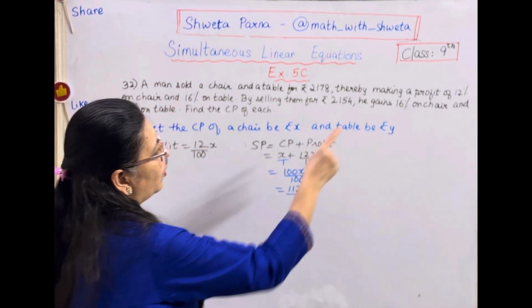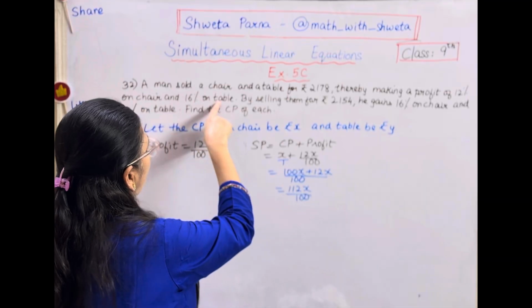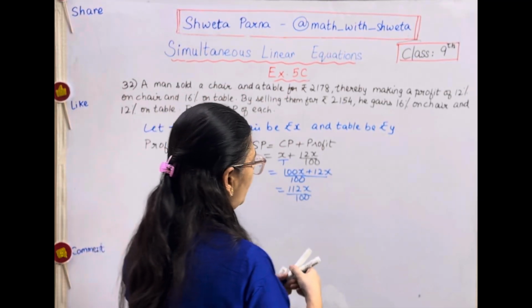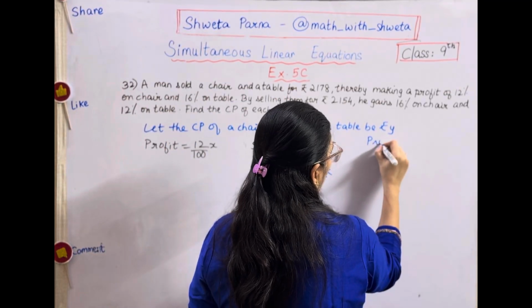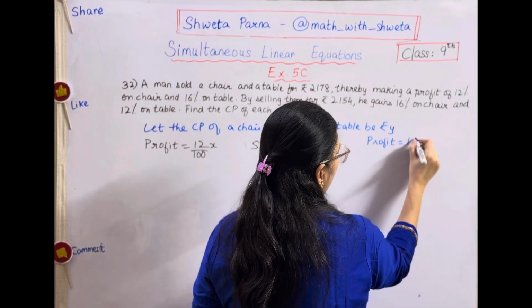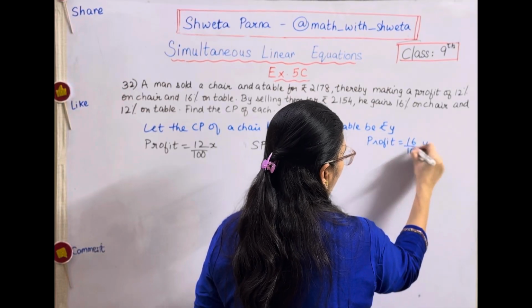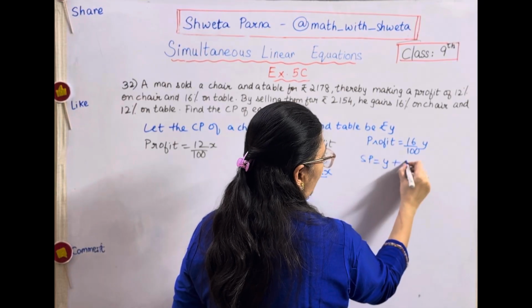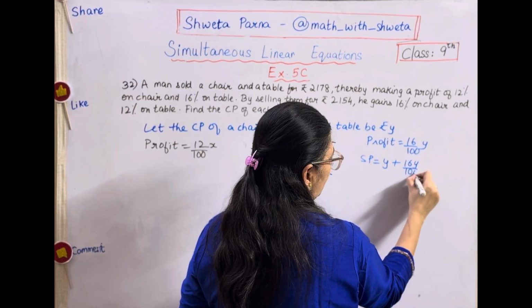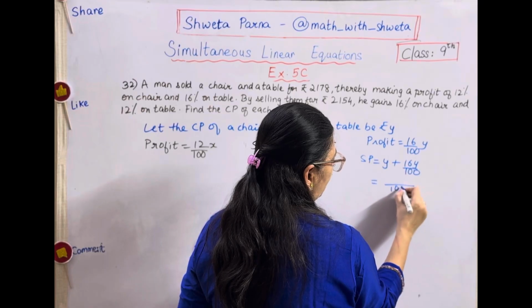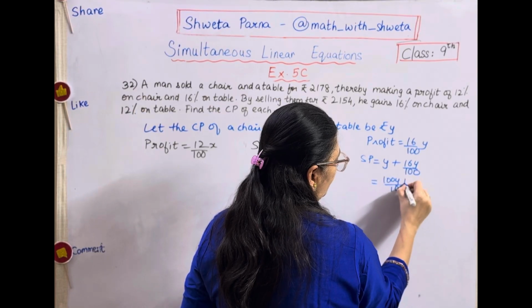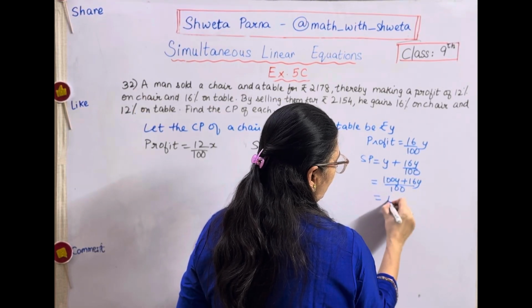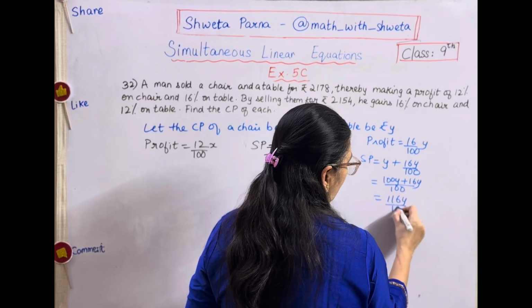Same way. Now he made 16% profit on the table. So what is the profit over here? Profit is 16% of y. So what is the selling price? Cost price plus profit. Take the LCM again. 100y plus 16y, which is 116y upon 100.